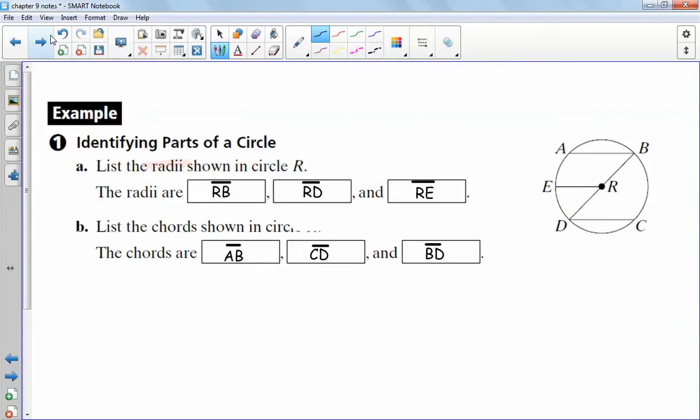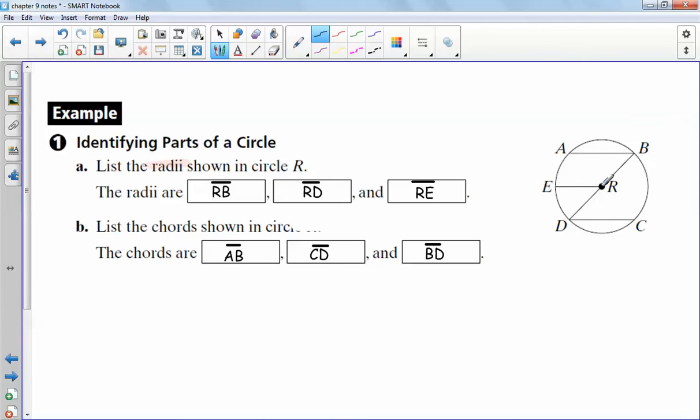So let's take a look at some example problems. First of all, we just need to be sure that we can find the different radii. A radius would be a line segment that goes from the center of the circle to the side of the circle. So we have line segment RB is a radius, RD, and RE.